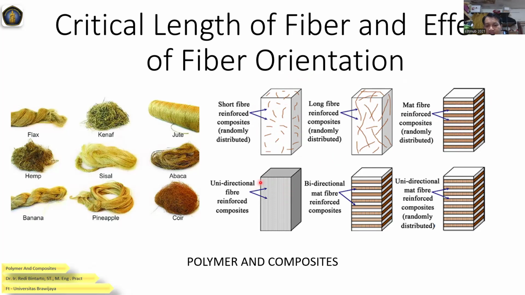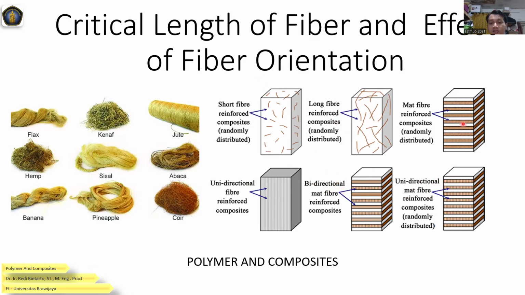Here unidirectional is only one direction, and bidirectional has two directions. In a unidirectional tape, the direction of the fiber is the same, only one direction.